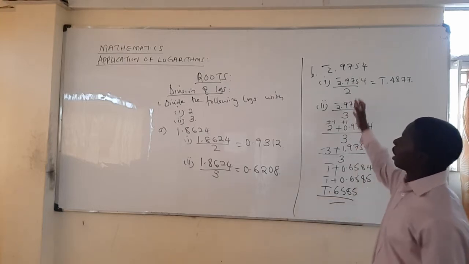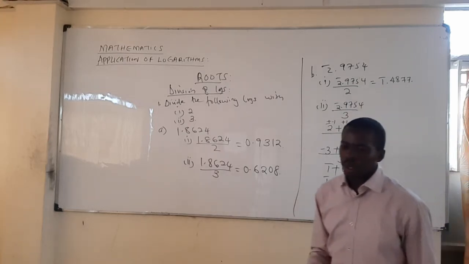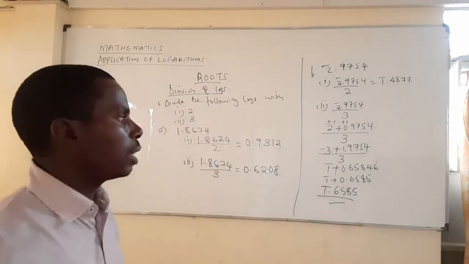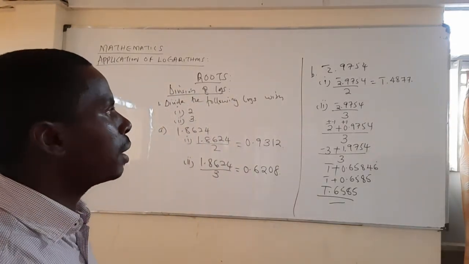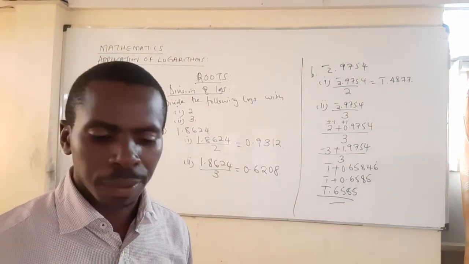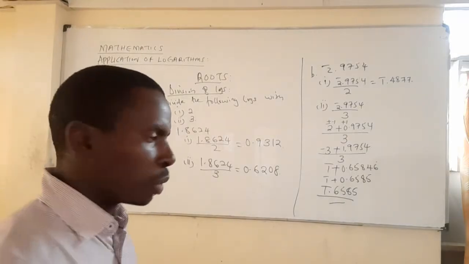That's how we divide the logs using that format. The most interesting part is when you have a bar number, but when the number is positive, it divides directly. Now let's look at the roots.